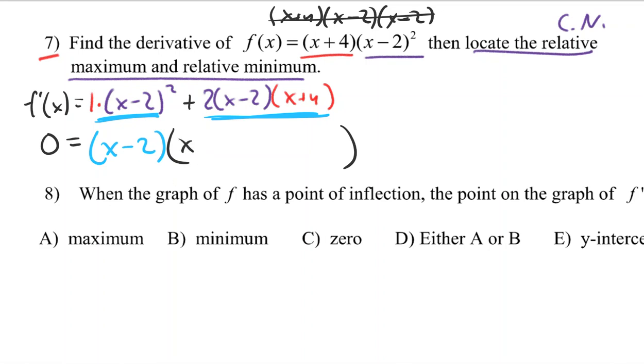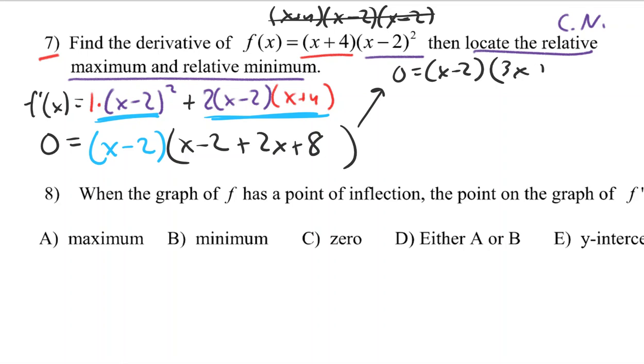x minus 2 times x minus 2 gives me x minus 2 squared. And then x minus 2 times 2x plus 4, or 2x plus 8, gives me that. So GCF. Combine some like terms in here.